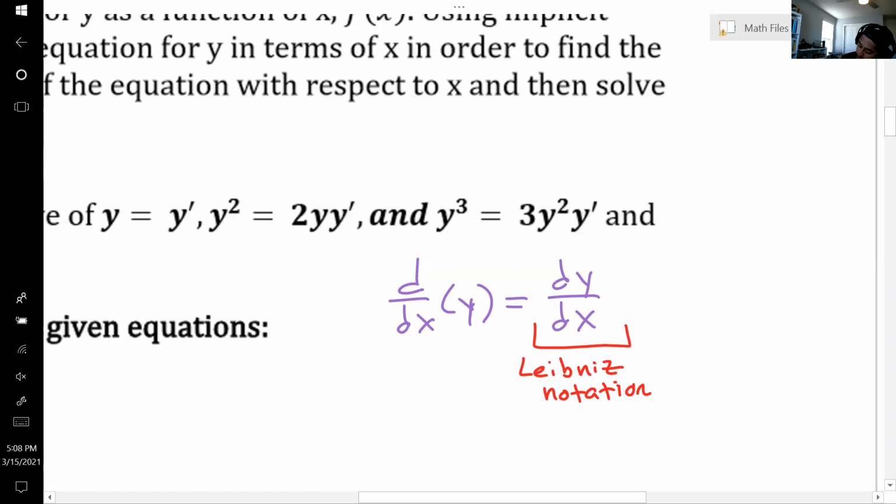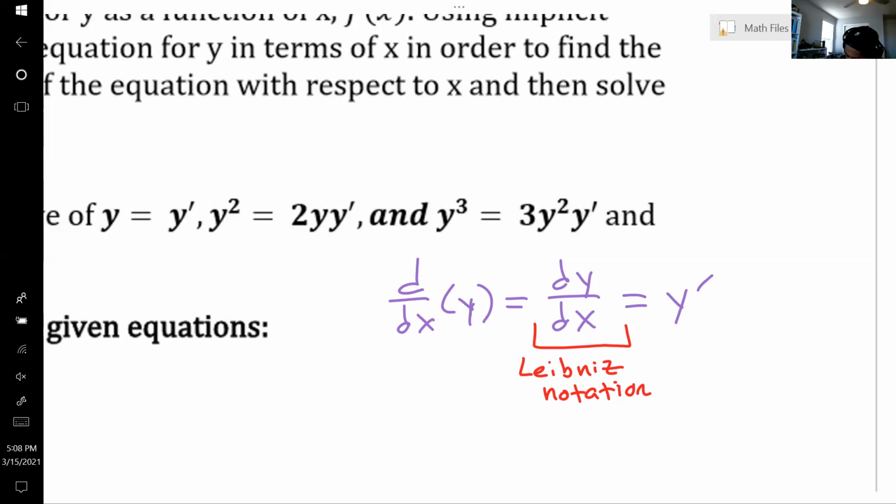What we're going to use, which is similar, is that the derivative of y with respect to x is just going to be y prime. Look how much neater that is. So this is what we're dealing with in implicits, and it would go on and so forth for the other ones.